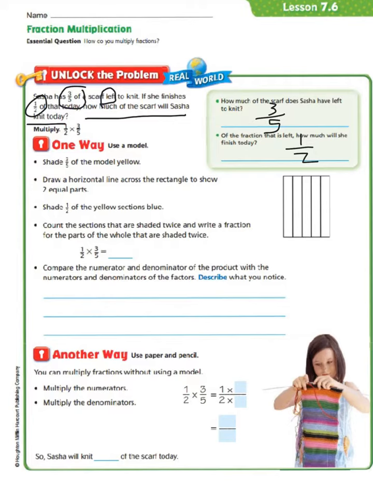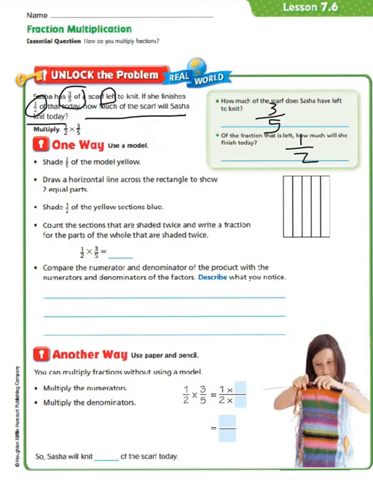Now, one way that we can use to solve this is to use a model. So we're going to be taking a look at our model down here. So the very first step, it says, is to shade 3/5 of the model yellow. So if we notice, our model is divided into 1, 2, 3, 4, 5 parts, which is where our denominator comes from.